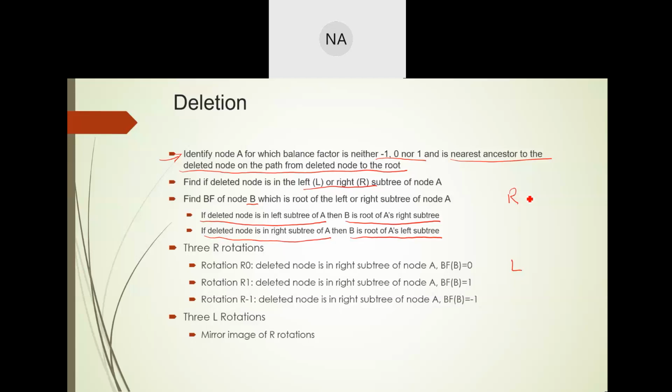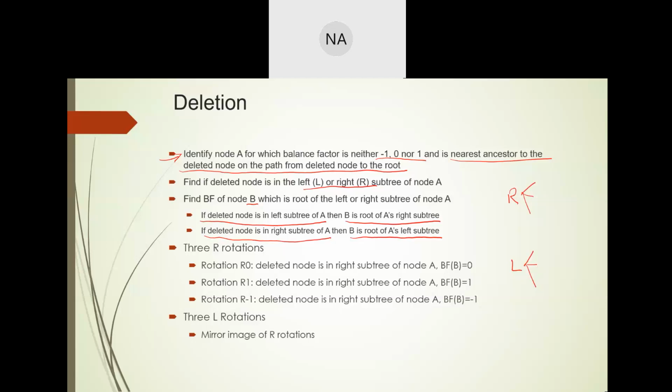Right cases are those in which the node is deleted from the right subtree of node A, and when the node is deleted from the left subtree of node A, it is called a left rotation. And we have 3 kinds of R rotations and 3 kinds of L rotations.